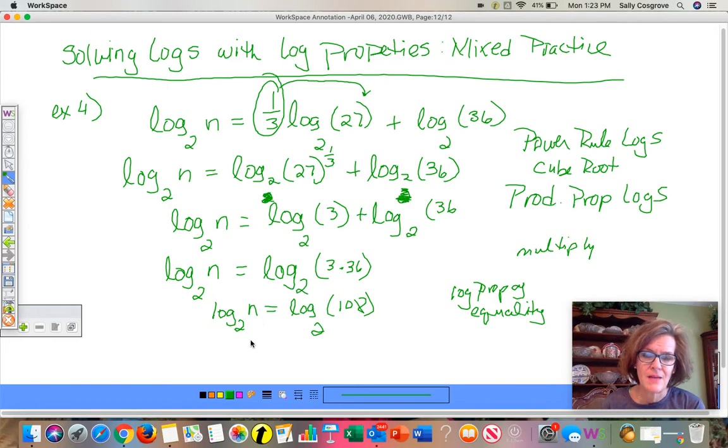So what do we have? We have this argument, n, equals this argument, 108. And can I take the log of 108? Yep, I can. That is in the domain of logs.